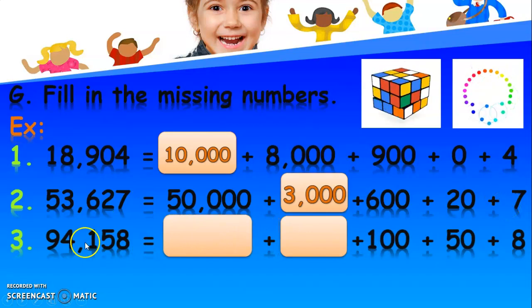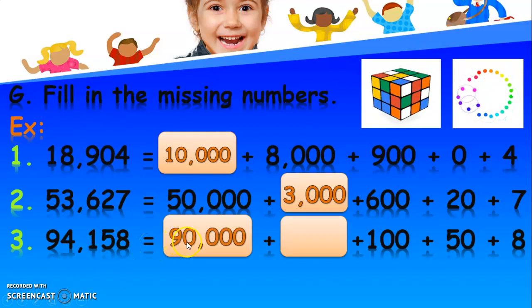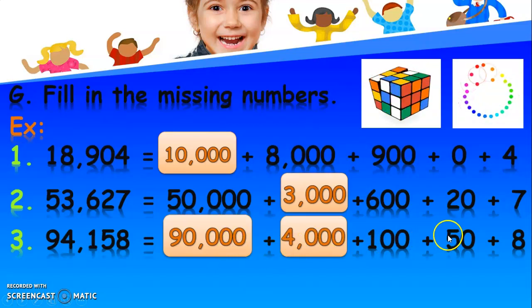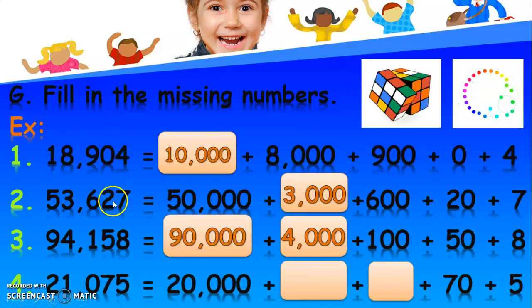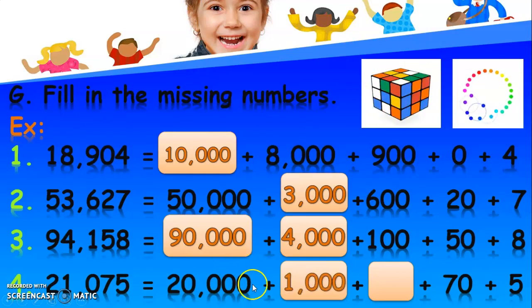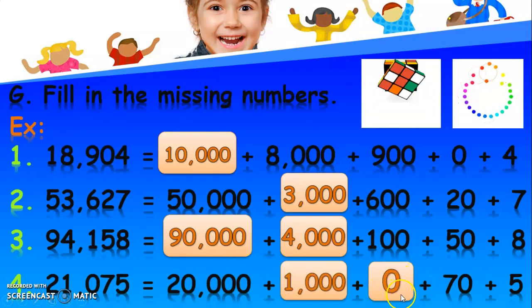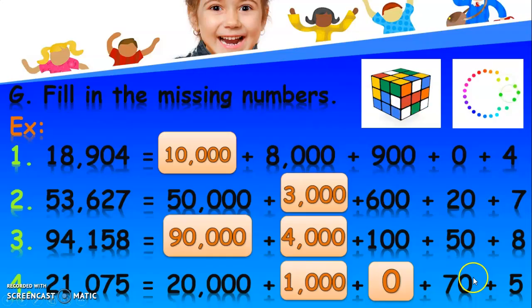And then for number 3, 94,158 equals 90,000 plus 4,000 plus 100 plus 50 plus 8. And for number 4, we have 21,075 equals 20,000 plus 1,000 plus 0 plus 70 and then plus 5. Now let's see the next part.